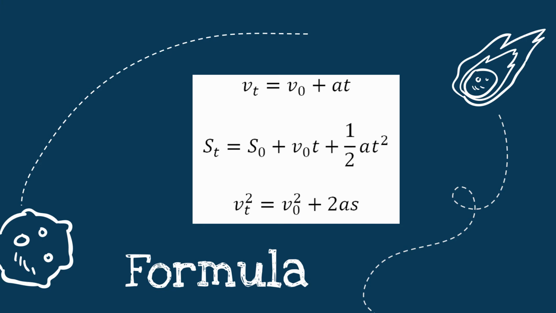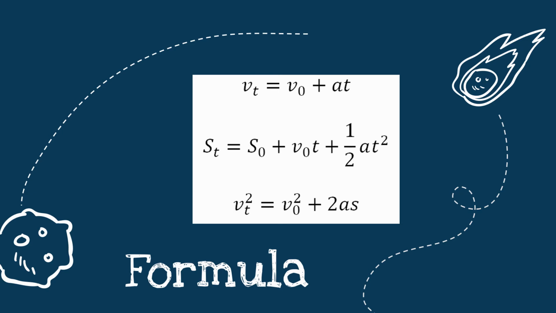Okay, so this is the formula for uniformly accelerated motion. We must remember that the motion is one-dimensional only, so we can assume that the velocity and the speed will be the same. So we have terminal velocity or terminal speed, kecepatan akhir, equals initial velocity or speed, sama dengan kecepatan awal, plus a times t, plus percepatan kali waktu.